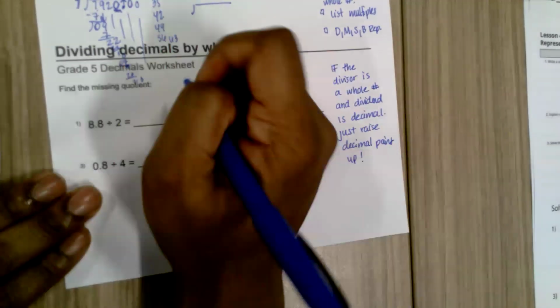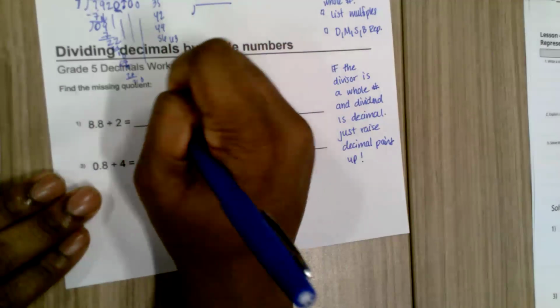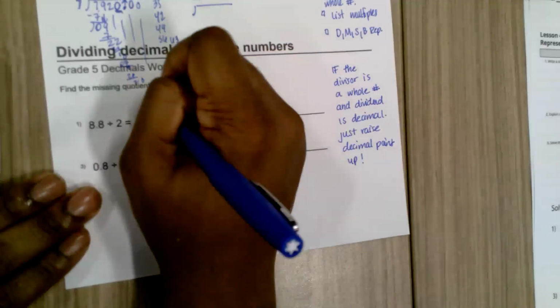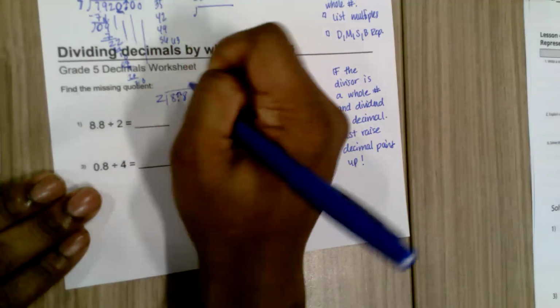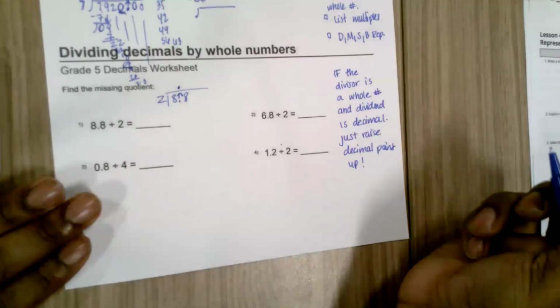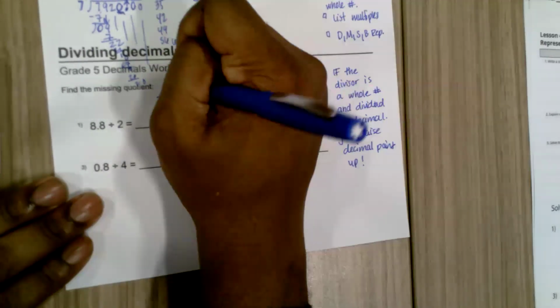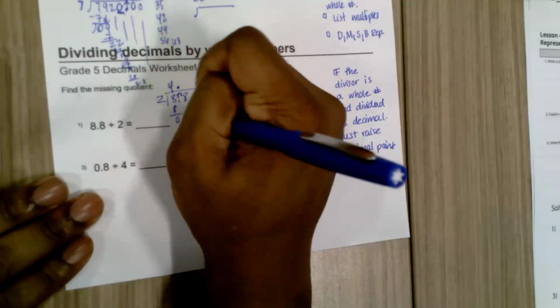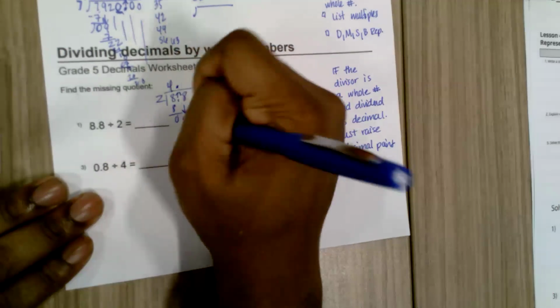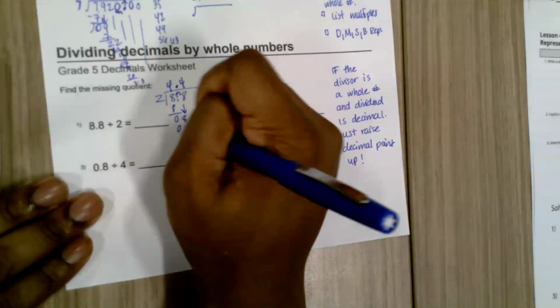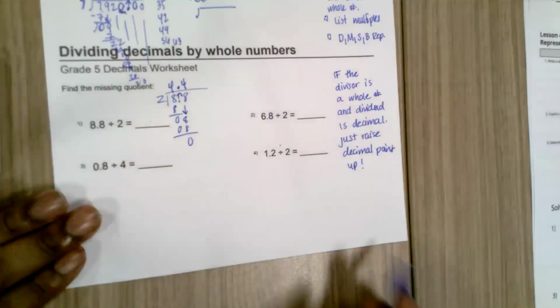For example, in 8 and 8 tenths divided by 2, you can see your decimal point, you just raise that up. 2 goes into 8 4 times. You see that?